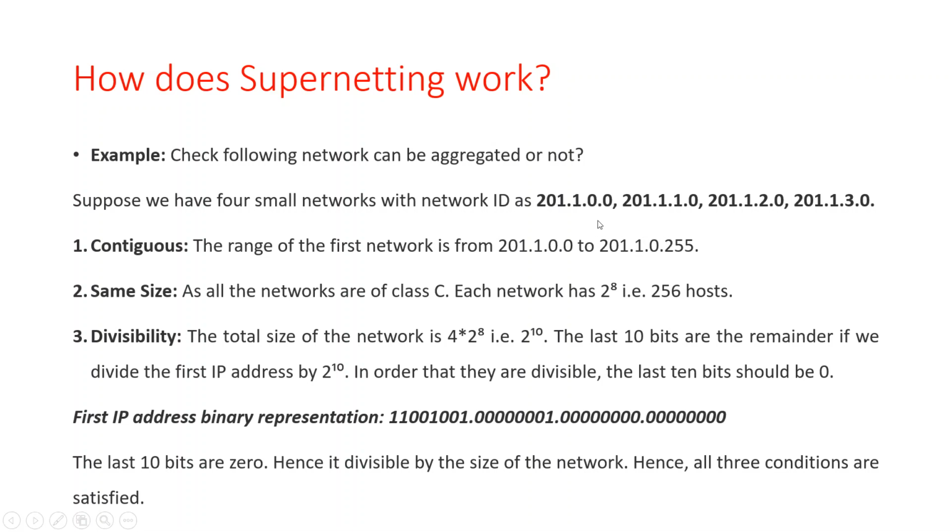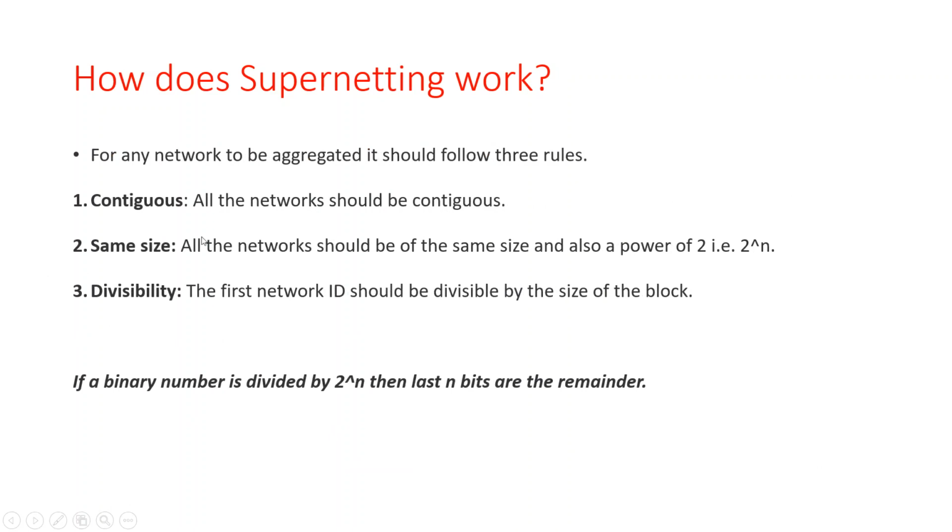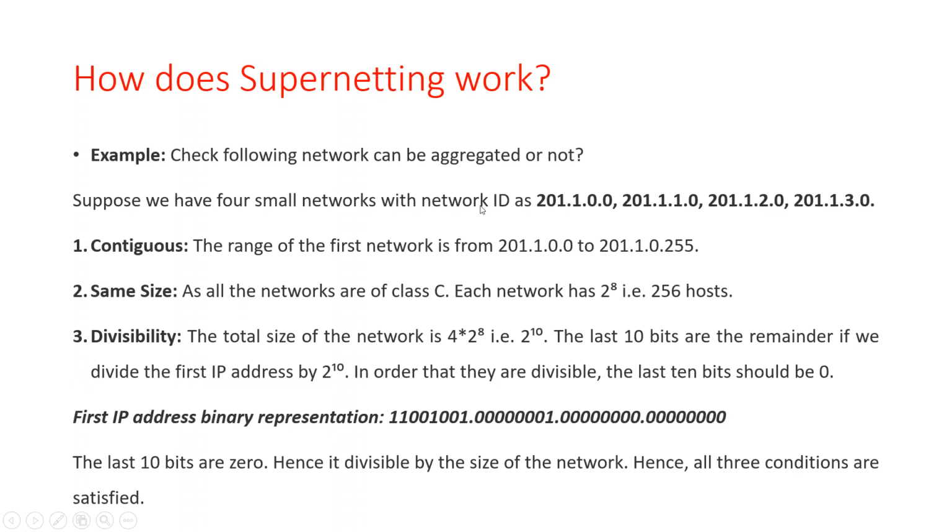So here we have the range from 0.0 to 255. All the networks should be contiguous. The first network is 0.0, then the second is 1.0, then 2.0 and 3.0. So these are contiguous networks.